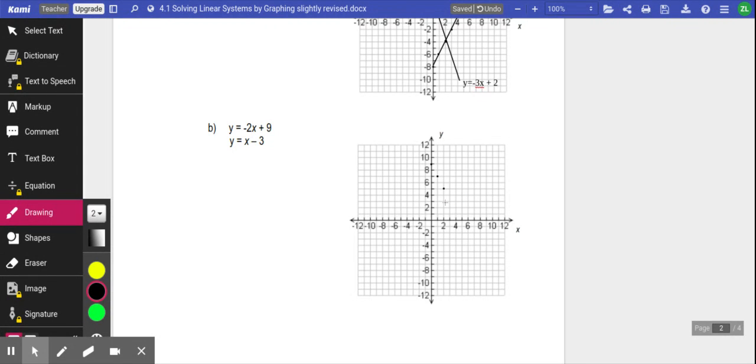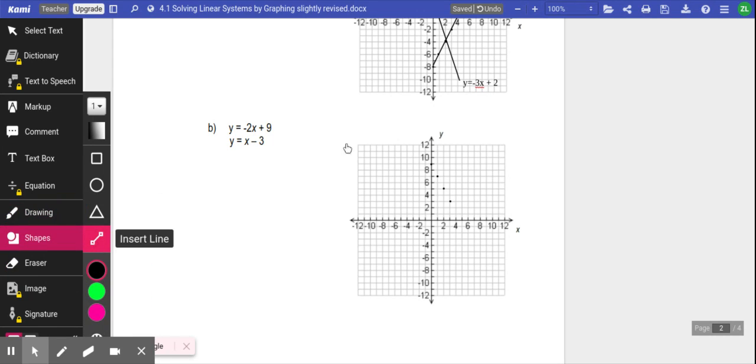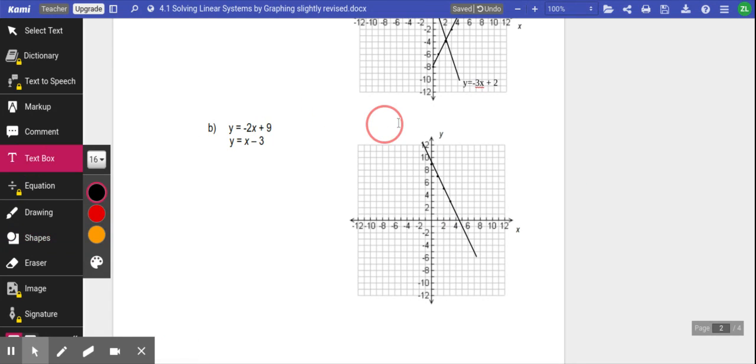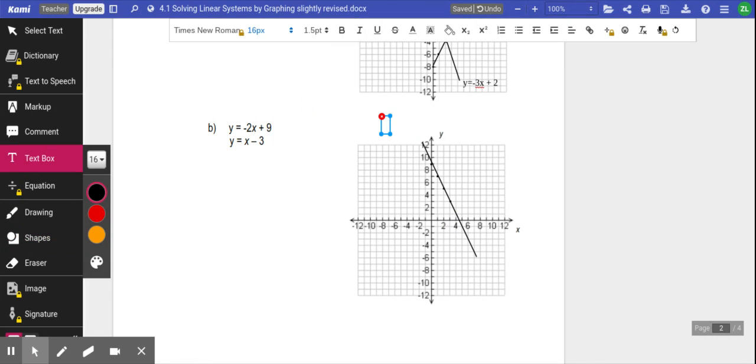Down 2, 1 to the right. And that's our slope for our first one. I'm going to draw in our line. It goes through all of those points, and we know that specific one is y equals negative 2x plus 9.